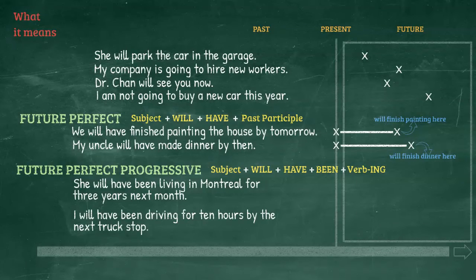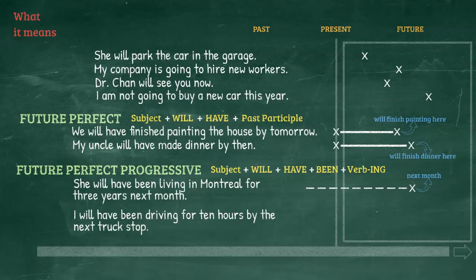When we say she will have been living in Montreal for 3 years next month, it just means that next month, some point in the future, will be a full 3 years that she has been living in Montreal.